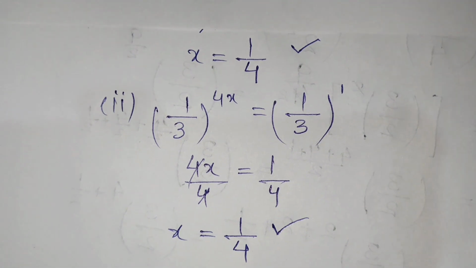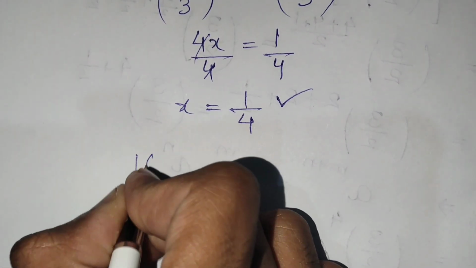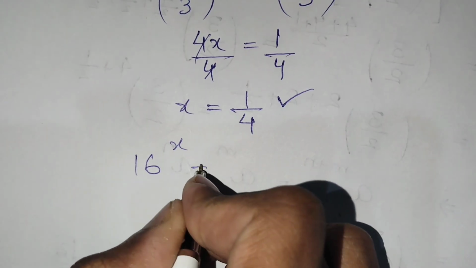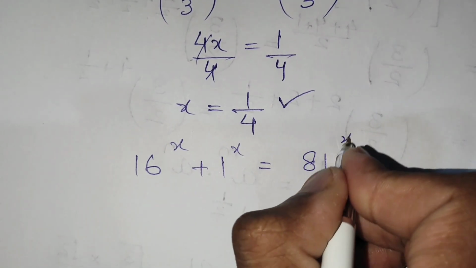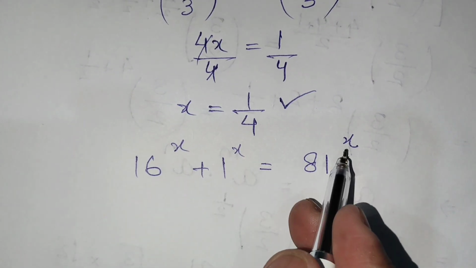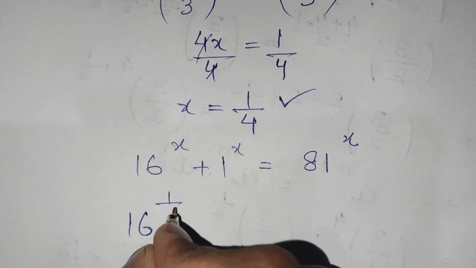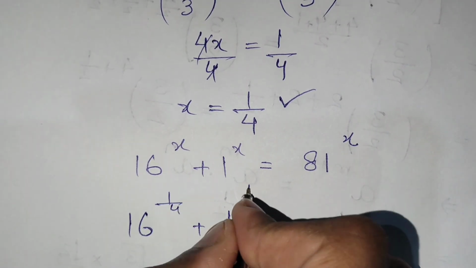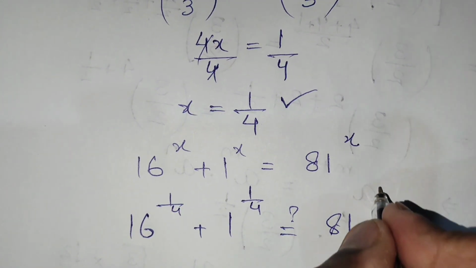Now we will check whether this value is correct or not. We have given equation 16 power x plus 1 power x equal 81 power x. So we'll put the value of x in the exponents: 16 power 1 by 4 plus 1 power 1 by 4, 81 power 1 by 4.